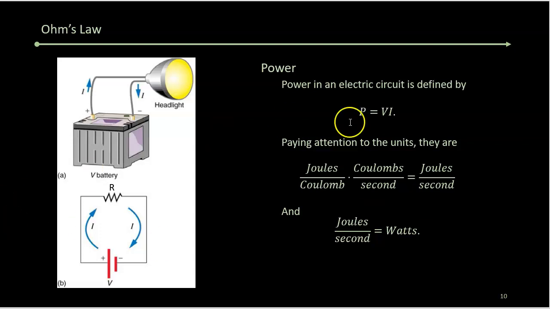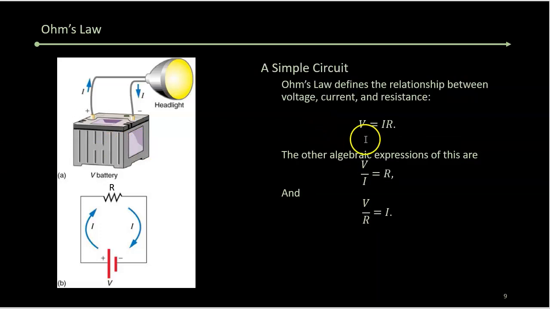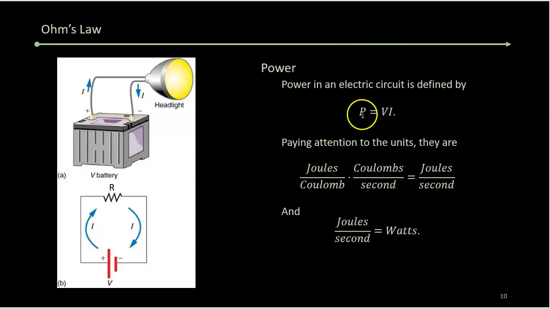So now we know how all of these quantities we've been talking about actually relate. We've got V equals IR, and we've got P equals VI. And you can write this in different ways, right?